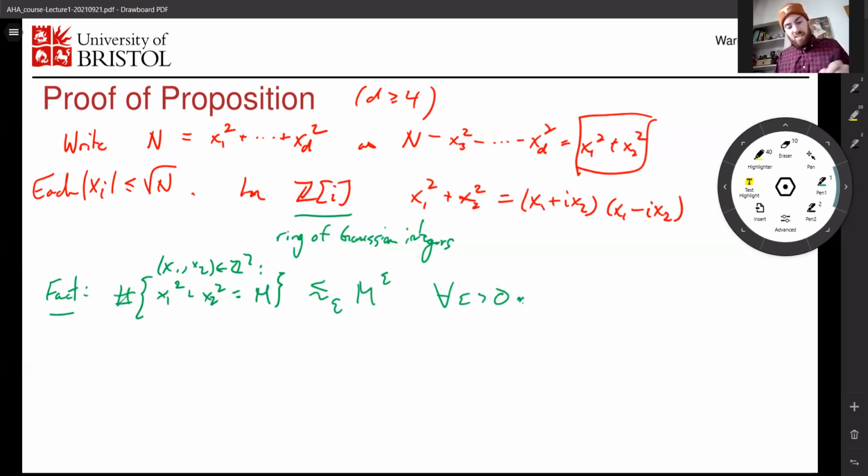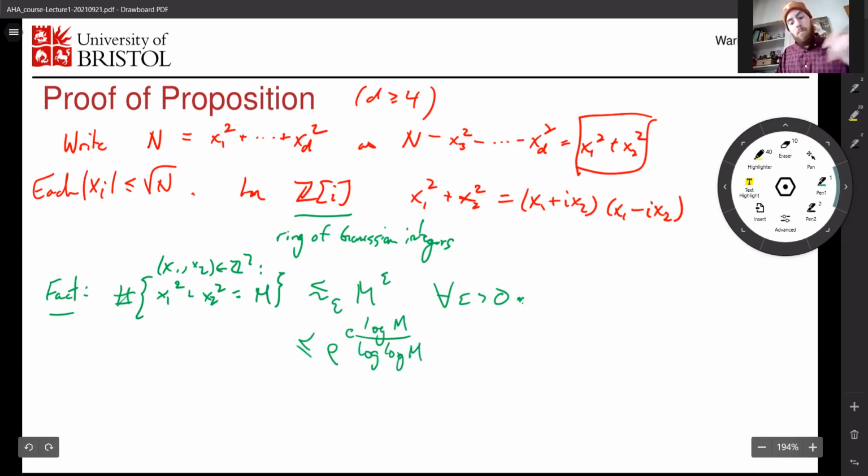In particular, this is less than or equal to some e to a constant log m over log log m. This being the divisor bound. So why is this true?